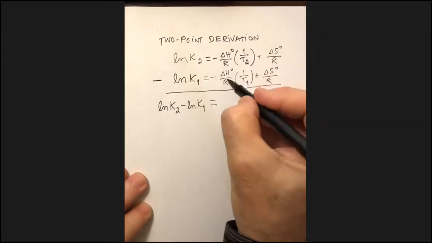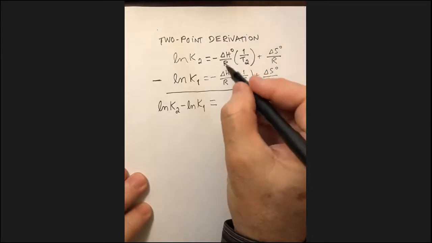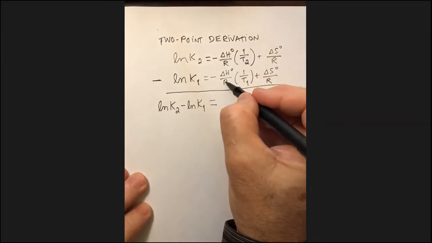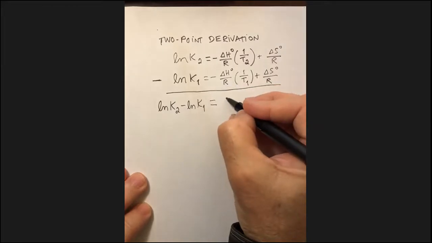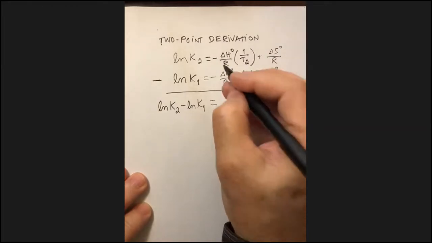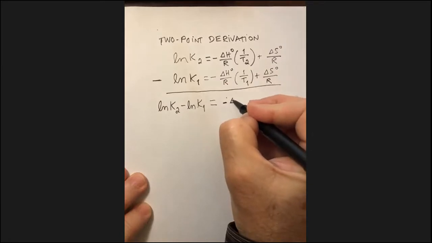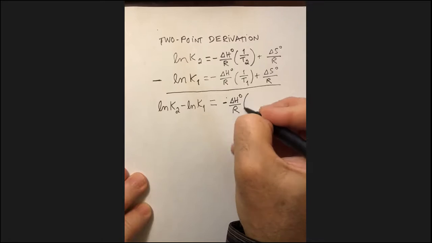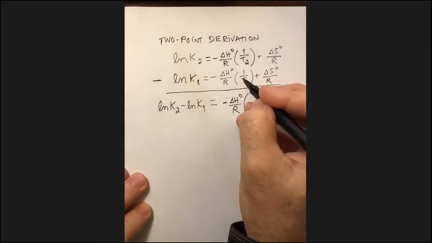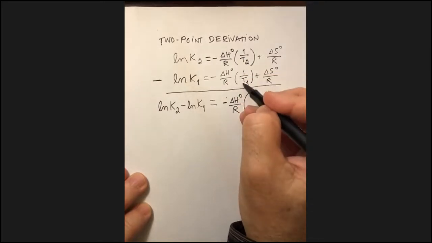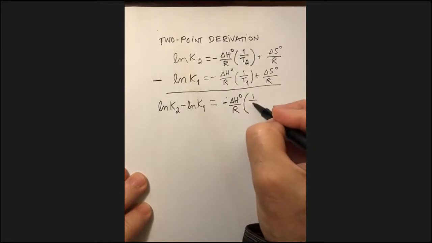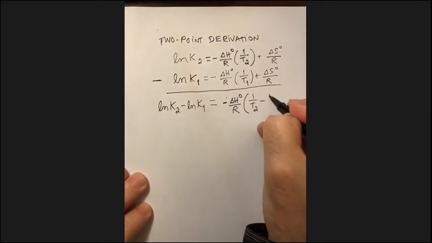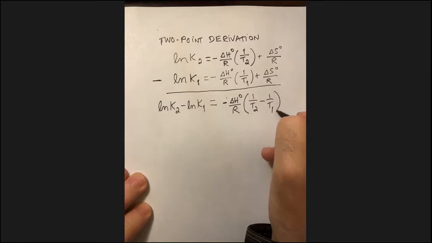Now, these two terms have a common factor, so it would be essentially minus delta H over R, and inside you would have 1 over T2 minus 1 over T1.